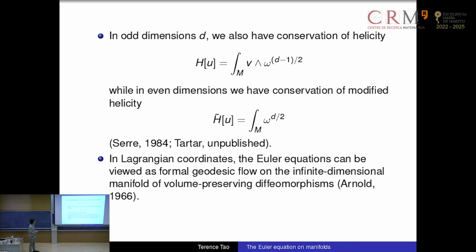Helicity. In odd dimensions, you can take d of the one form, raise it to the power (D-1)/2, and then you get a D-1 form, and you can wedge it with the co-velocity, and now you get a volume form, and you integrate, and that is conserved. In 3 dimensions, that would just be velocity dot vorticity. The same works in higher dimensions.